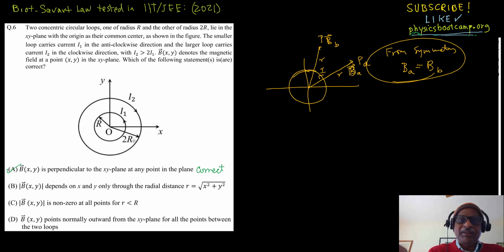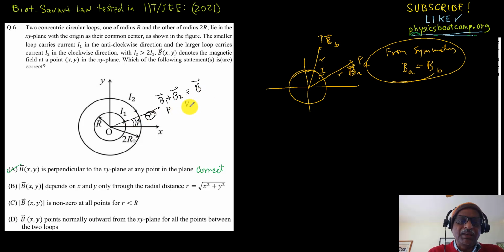So if I look at this situation here, some point P here, I1 will create some B1 and I2 will create some B2. So at this point P, which is a distance R, this is the total B, and this has to be just a function of R, can't be a function of this angle phi.